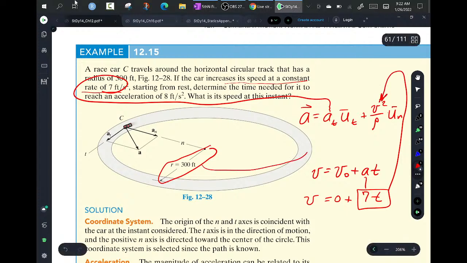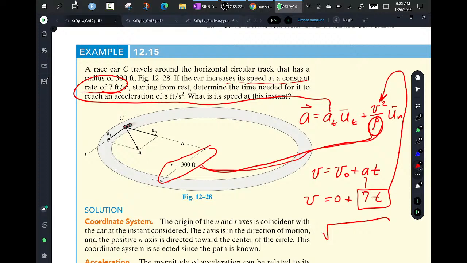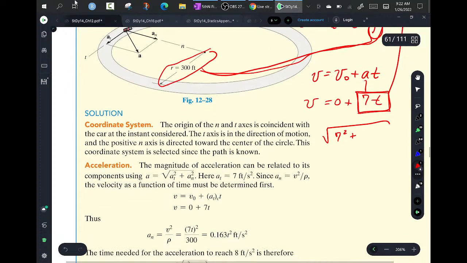You don't have to worry about the rho, it's just given as 300. And then you end up having to do square root of a squared, which is increasing at a constant rate of 7, plus this squared. So that squared and that squared again.